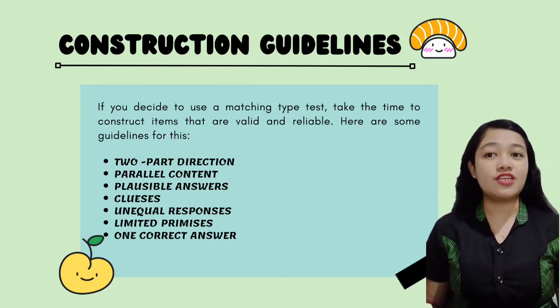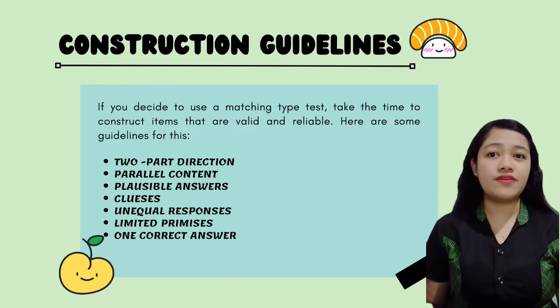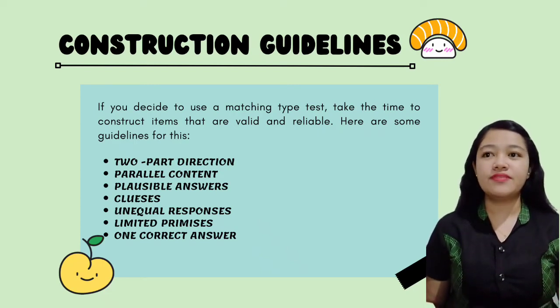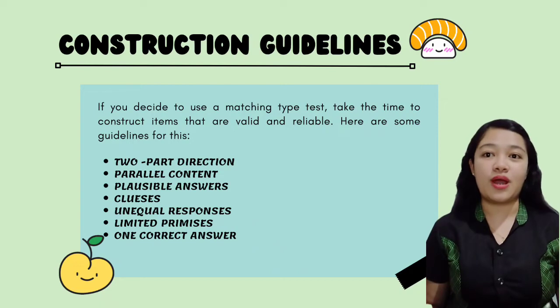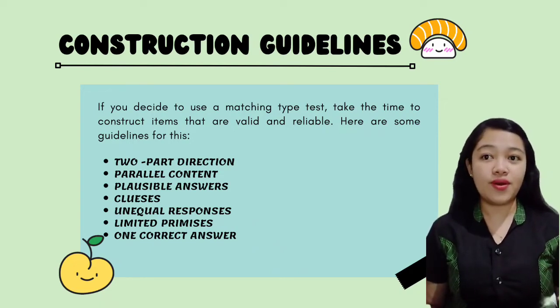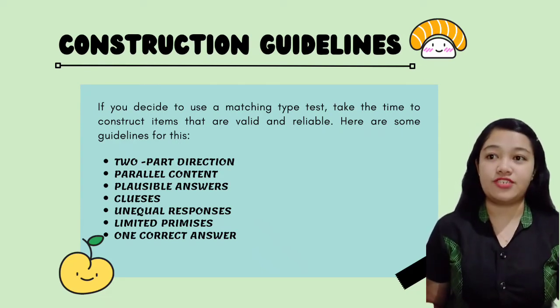All responses in column B should be plausible answers to the premises in column A. Otherwise, the test loses some of its reliability because some answers will be giveaways. Number four, clueless. Ensure your premises don't include hints through grammar, like implying the answer must be plural, or hints from word choice, like using the term itself in a definition.